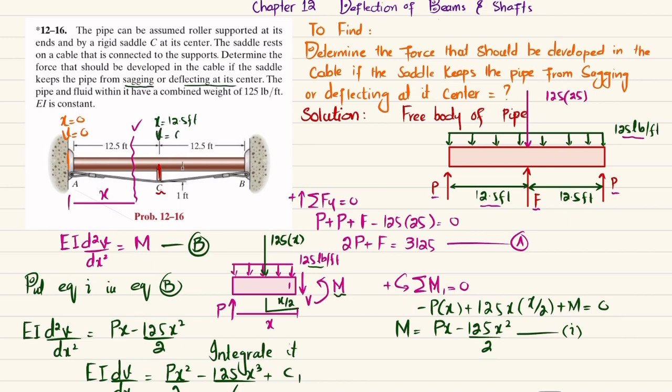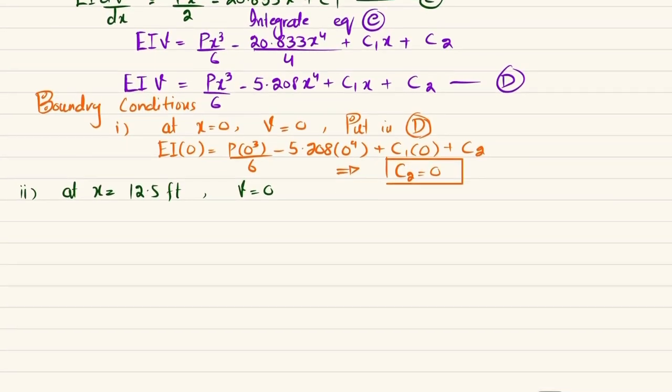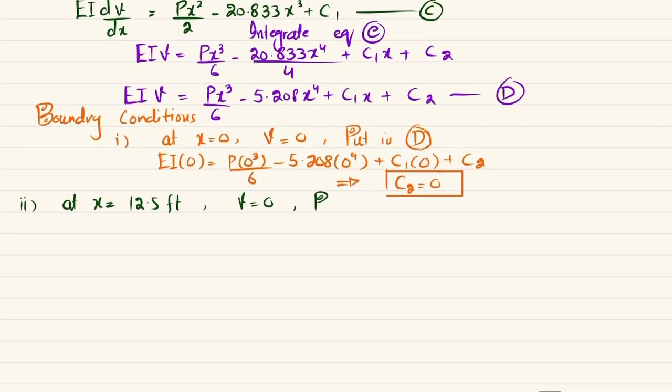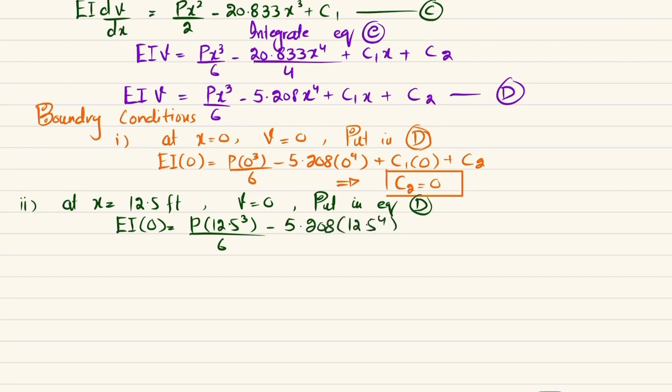So it means that deflection will be equal to 0 at this point. So put it in equation D. When you put it, EI into 0 is equal to P into 12.5 cube divided by 6 minus 5.208 into 12.5 power 4 plus 12.5 into c1, and c2 is equal to 0.